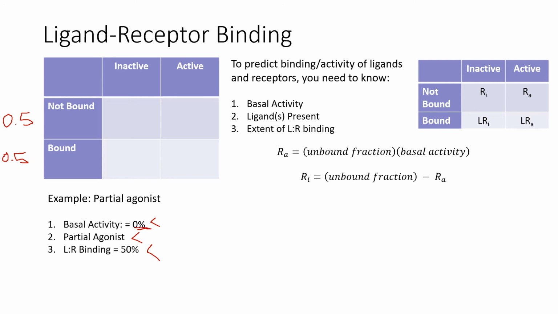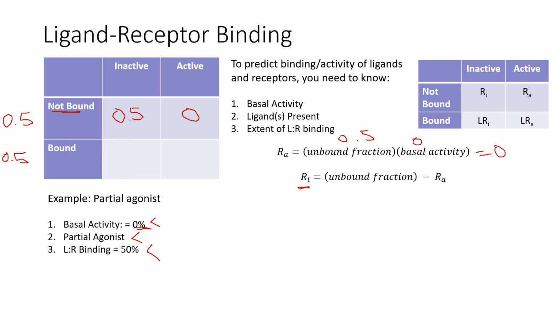And so if they're not bound, we know they're not going to be active. And so this has to be 0. That means that of the inactive, unbound receptors, this has to complete this proportion. So this is 0.5. So we know unbound fraction is 0.5. This is 0, which equals 0.